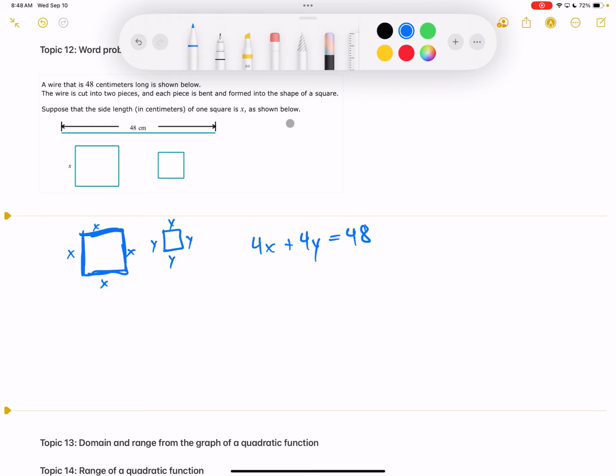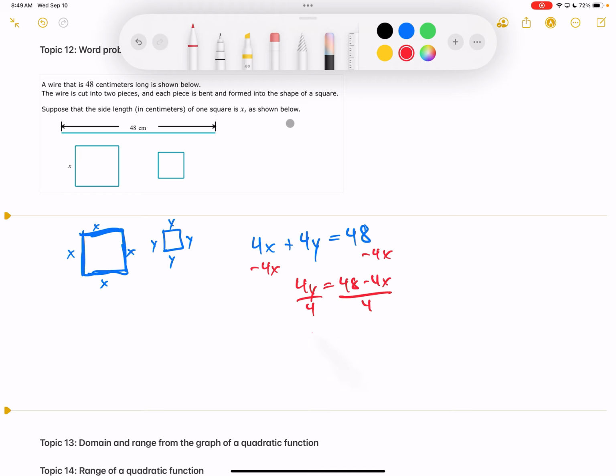All right. Now I'm trying to figure out what my x's are. Let's solve for y, and then we can plug in our x's. So let's subtract 4x. So I have 4y equals 48 minus 4x.